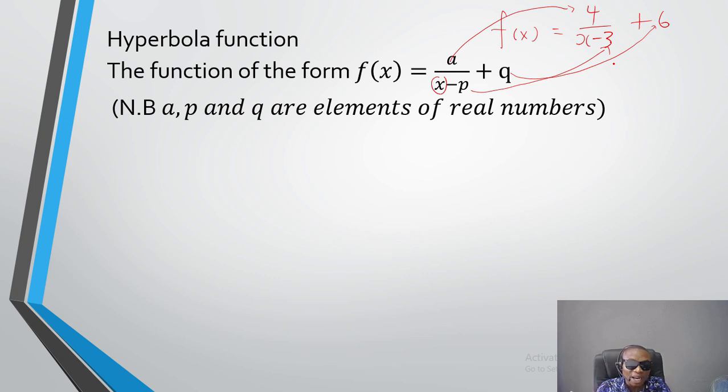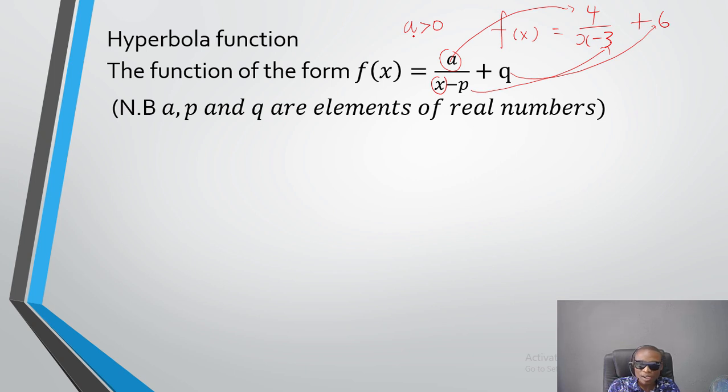But if we go further, there is information which we can get from this a here. Whenever a is greater than 0, whenever we are going to sketch the graph, our graph is going to be in the first and third quadrant. I will still explain it as we go on with our maths. For now, just know that when a is greater than 0, the graph is going to be in the first and third quadrant.